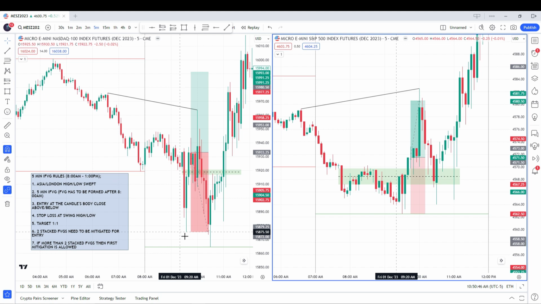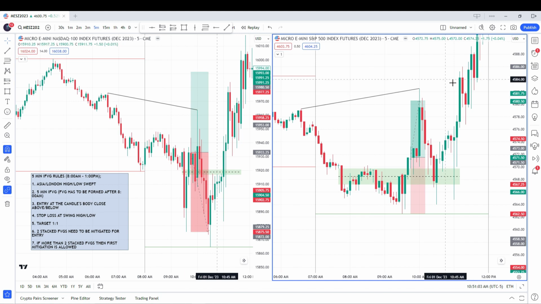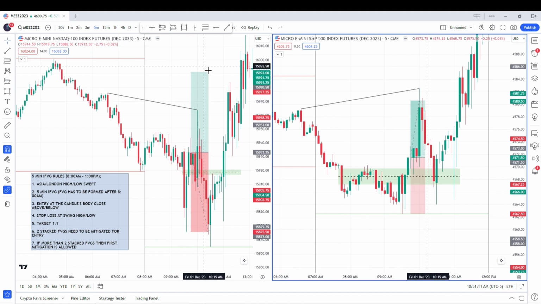However, once I saw ES sweep this 6:30, 6:35 in the morning high, but MNQ did not, that's a pretty massive SMT divergence. If NQ swept this as well, I would have been way more confident just holding it, but I did take it out for a small profit, and I'll show the executions as well.